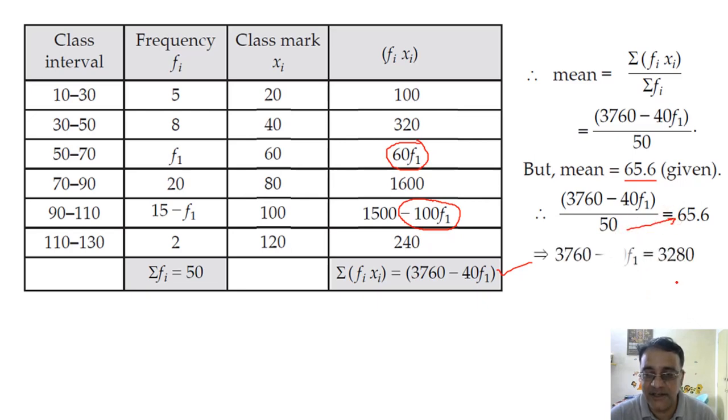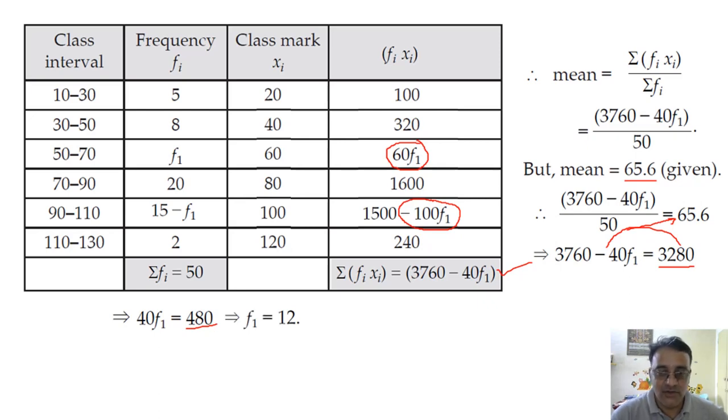If you cross multiply, you will get 3280. फिर ये दोनों पे इंटरचेंज करो. So we'll get 40 f1 is equal to 3760 minus 3280. So we'll get 480. So what is f1? 12, right. So f2 था 15 minus f1. So f2 will be 15 minus 12, that is 3.